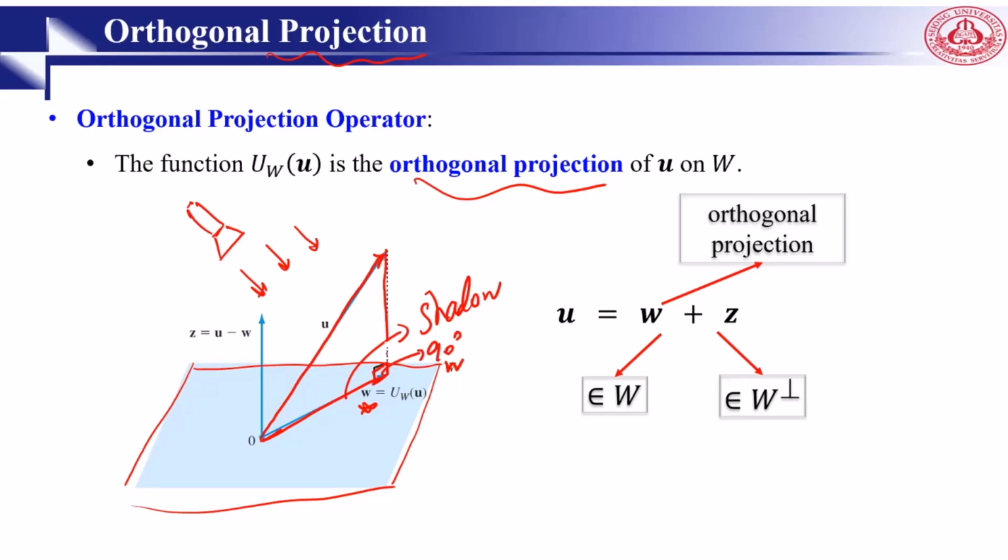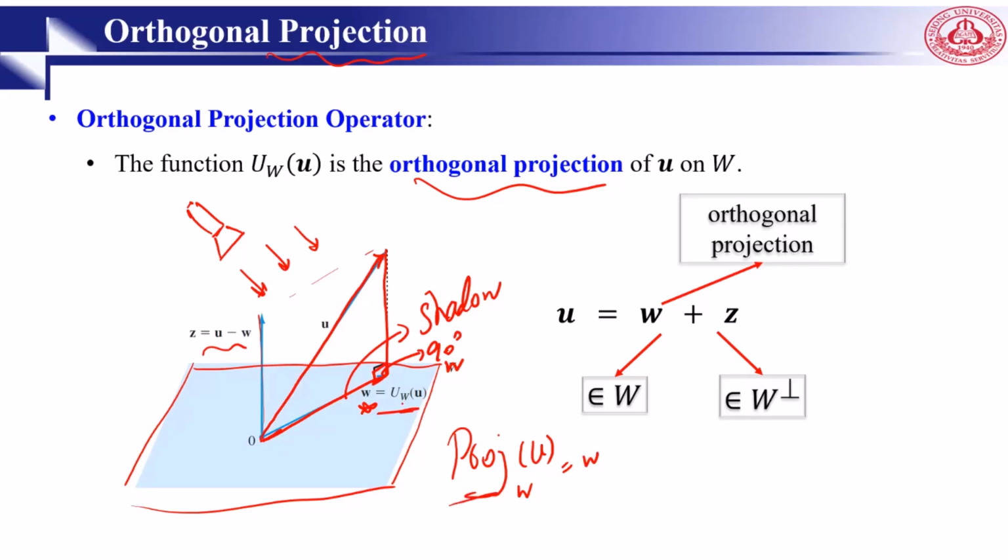And this is the distance between these two. So z is equal to u minus w, the distance. Here u underscore W is the orthogonal projection of u on W. Sometimes they say the projection of, for example, u on W is equal to small w.